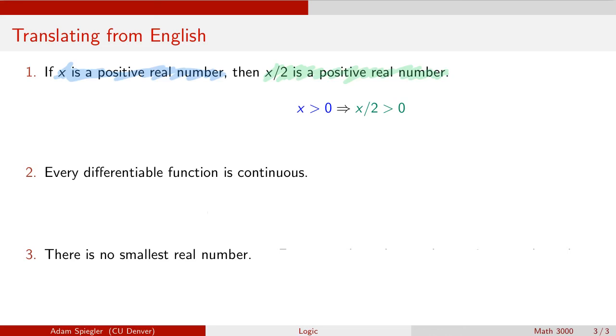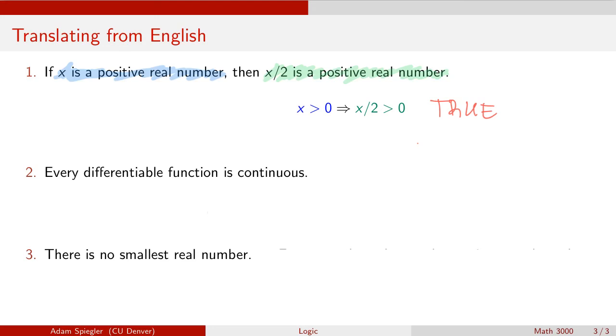And now that I have it in this form, we can think about whether this statement logically is true or false. If x is positive, then when we divide it by 2, it's still going to be a positive number. So this is indeed a true statement. And when we are proving and interpreting implications, conditional statements like this, really what we're saying is that this is true for every value of x bigger than 0. So these conditional statements are really for all statements in disguise.